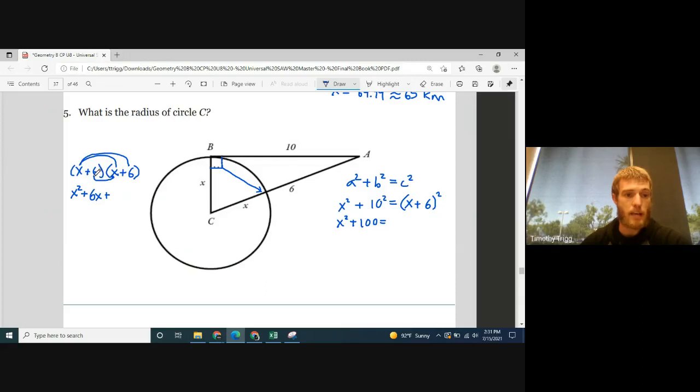So 6 times x and then 6 times 6. 6 times x is another 6x plus 6 times 6 is 36. We look to see if we can combine like terms, and yes, we can combine the 6 x's together. So that's going to leave us with x squared plus 12x plus 36.